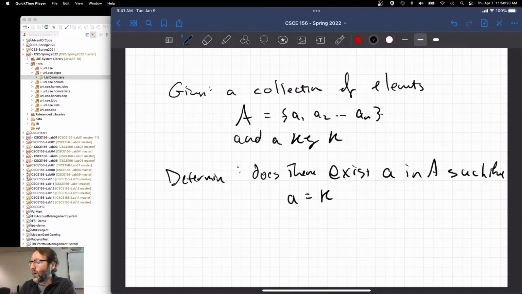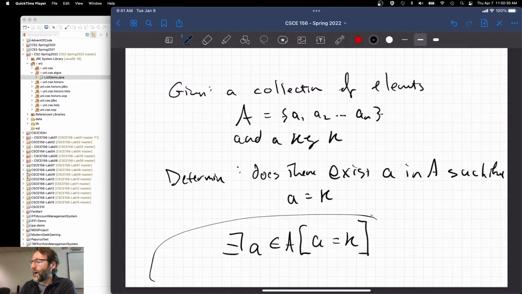Or if you want a more mathy notation, does there exist an a in the collection A such that a is equal to K? There we go. There's the Math 235 way of doing that. Okay.